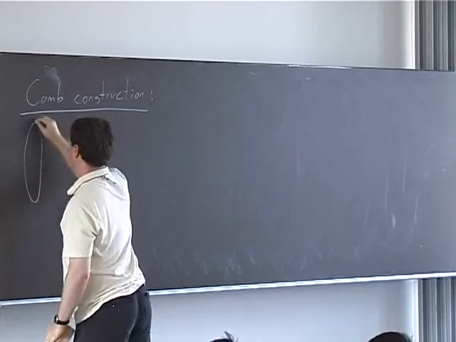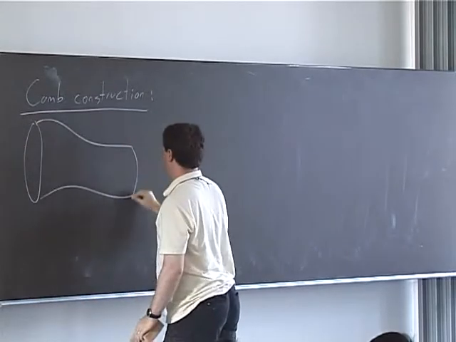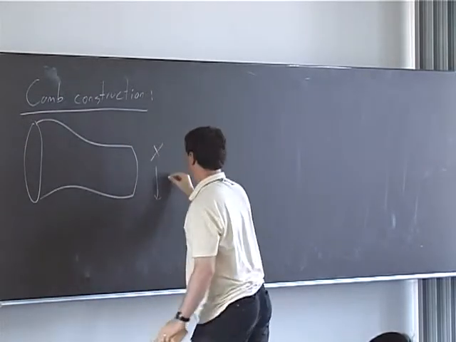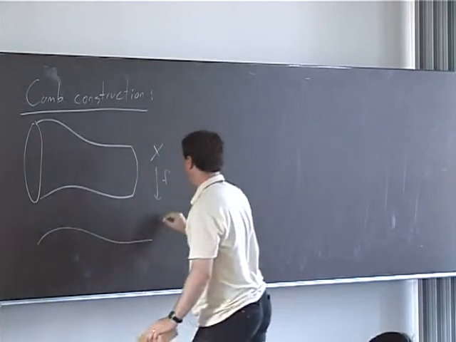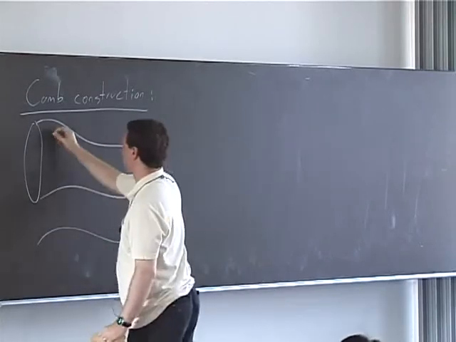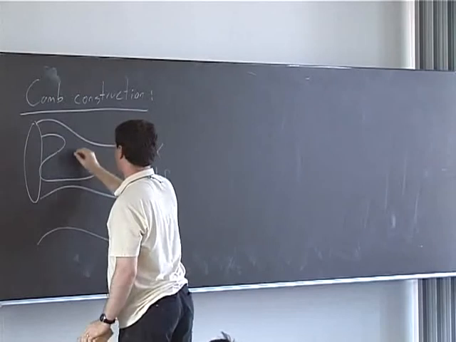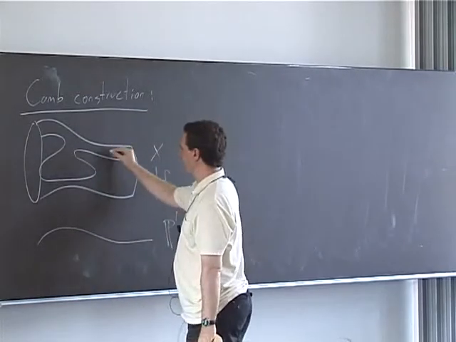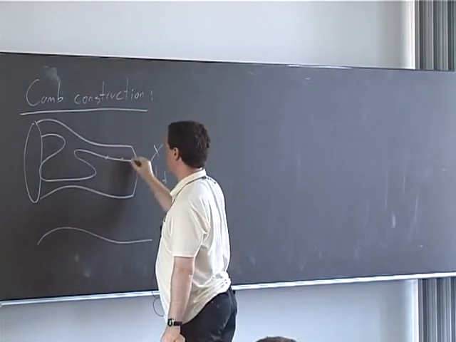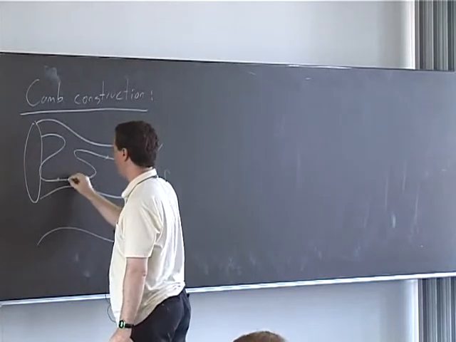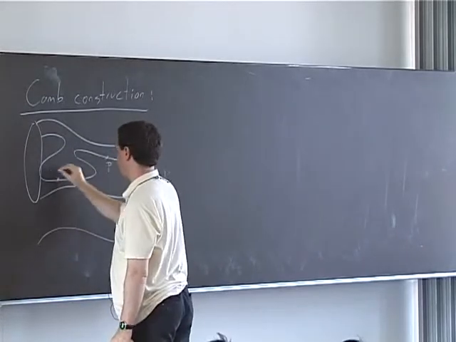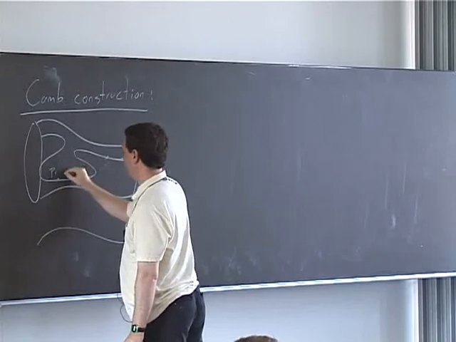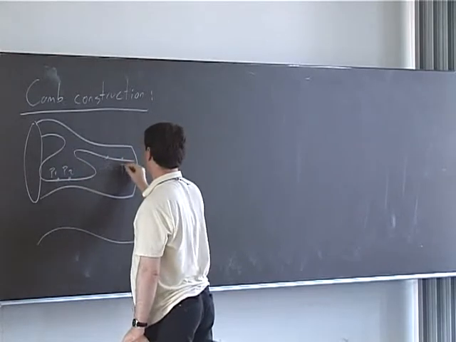So we have this X with this map to P1, and then we have some curve C inside of here doing something. And what we're going to do is choose a large number of general points, say P1, P2, up to some PR.